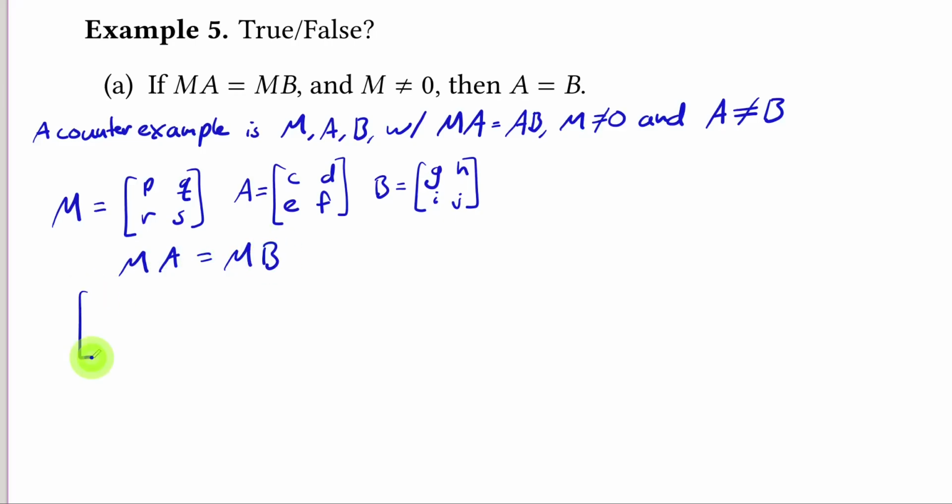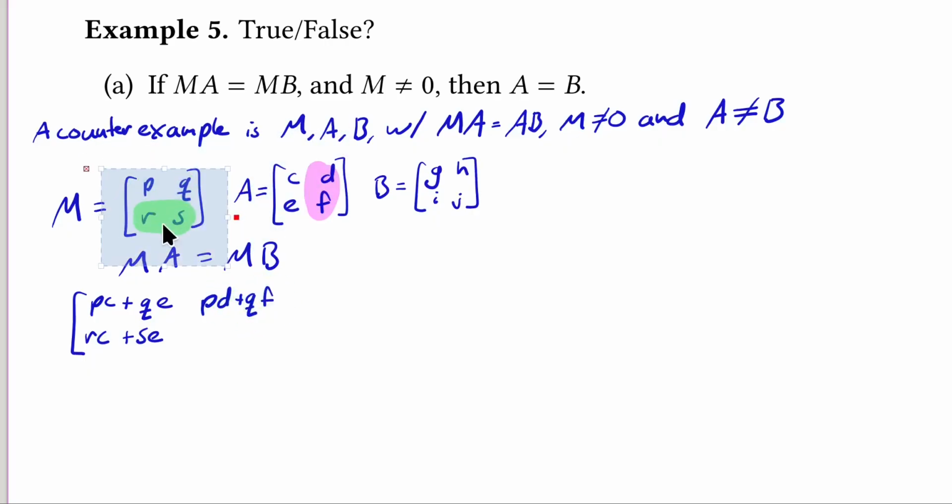MA, using the row column rule, should be PC plus QE in the 1, 1 position, then RC plus SE in the 2, 1 position, and then in the 1, 2 position, PD plus QF, and then in the 2, 2 position, RD plus SF.